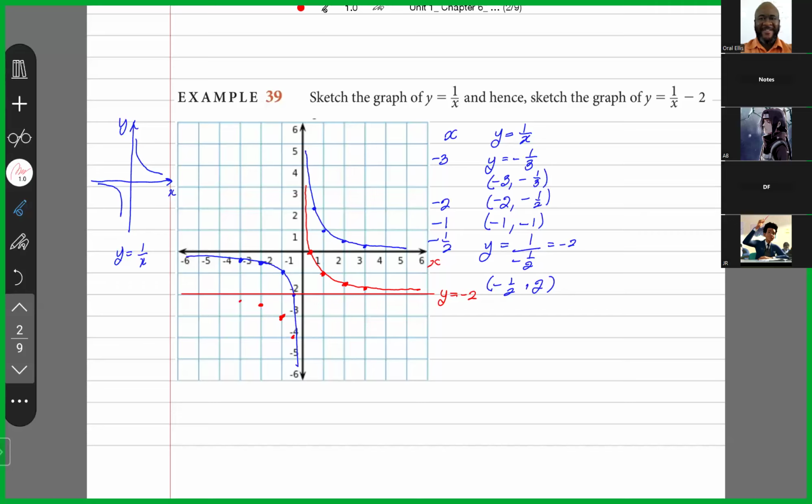This point moves to about here. And we have enough now to draw our graph. The red graph would be the graph of y is equal to 1 over x minus 2, whereas the blue graph would be y is equal to 1 over x.